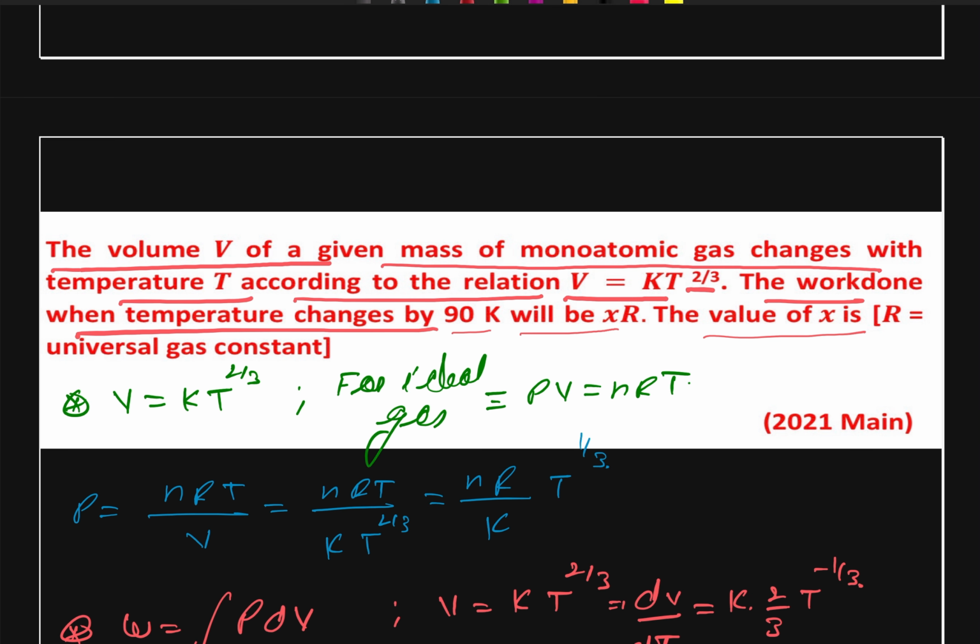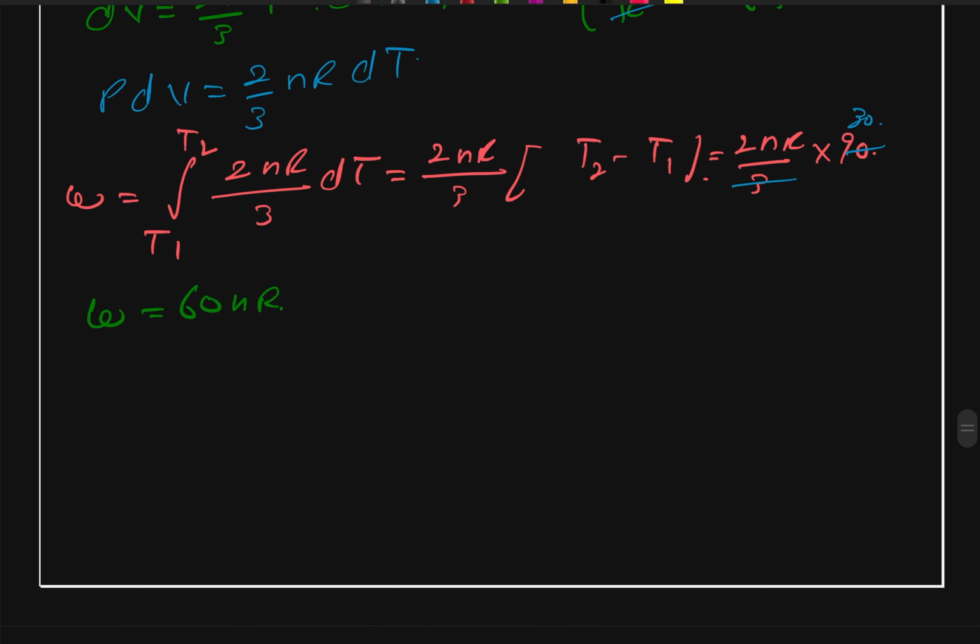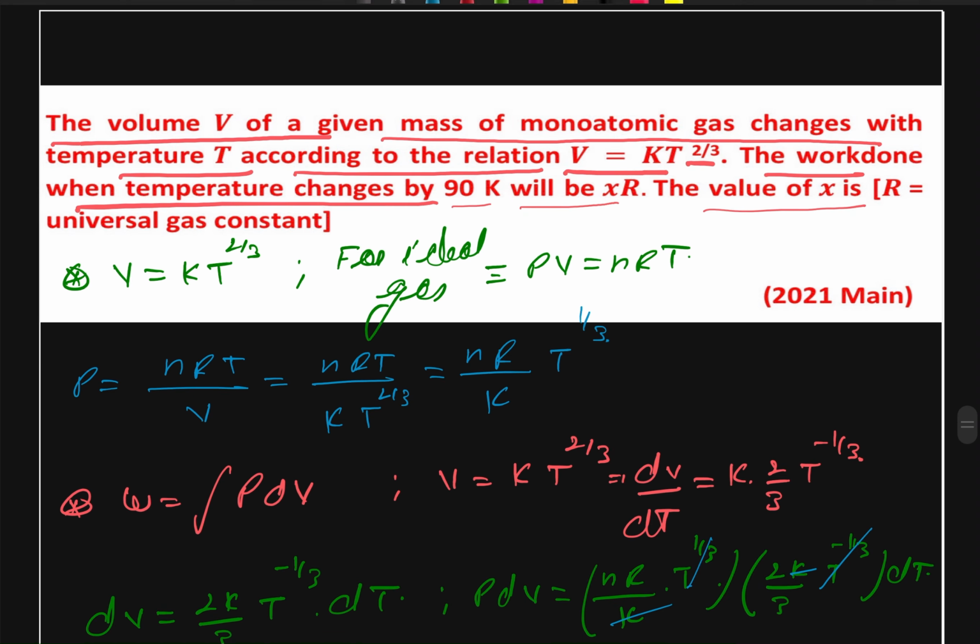For 1 mole we can write that this is equal to 60 times R, and we are given that this is equal to X times R. Therefore we can say that the value of X is 60. Next question.